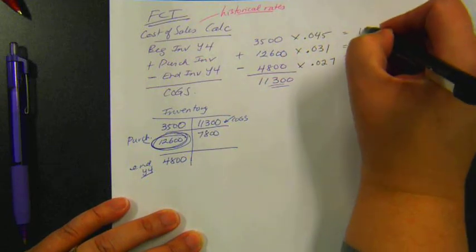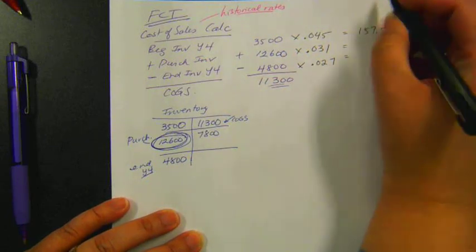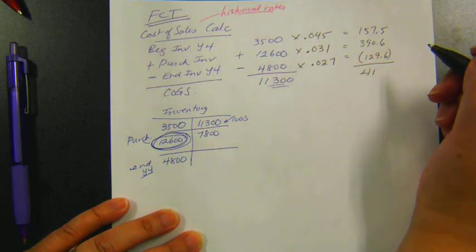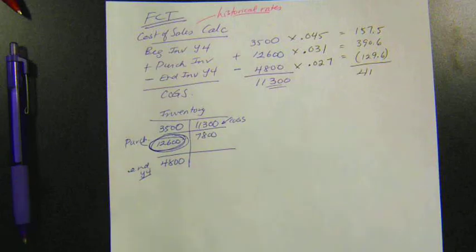Which works out to 157.5, 90.6, and 129.6, for 18.5 or 419.